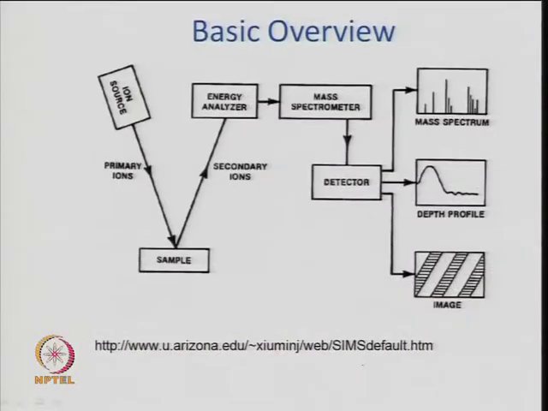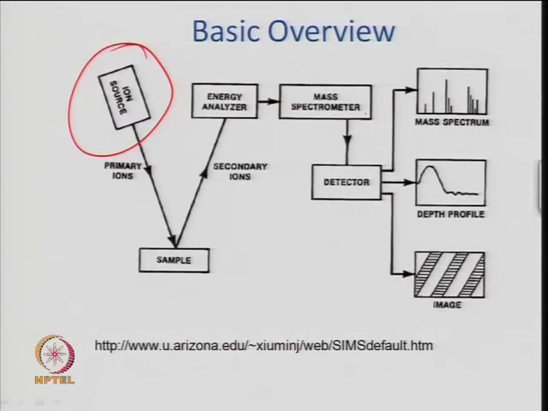So, the principle is more or less the same, except that instead of the electron beam you have some ion source, which gives primary ions. They strike the sample and then you have some secondary ions, like back scattered ions or diffracted ions, and then they are taken to an energy analyzer, which is connected to a mass spectrometer, and the mass spectrometer is connected to the detector.